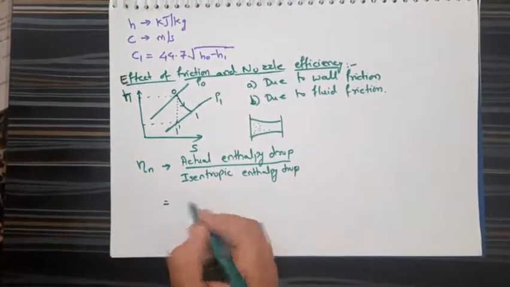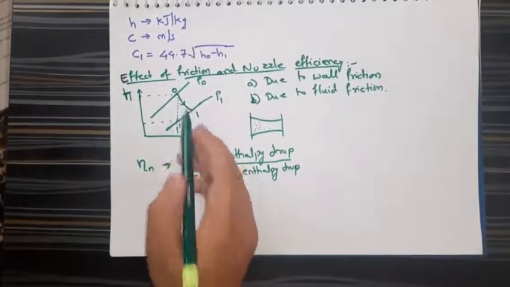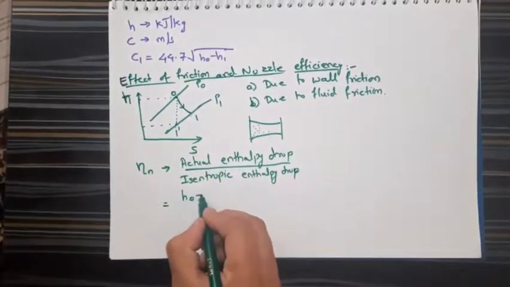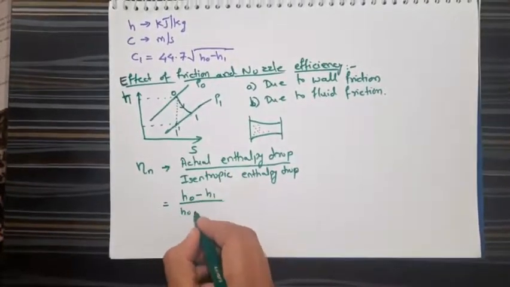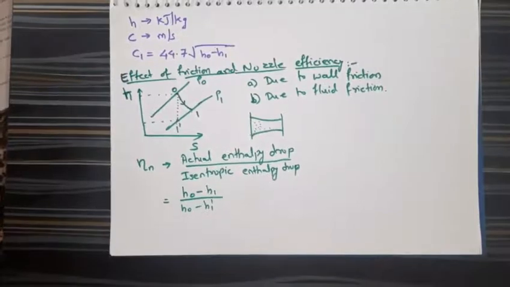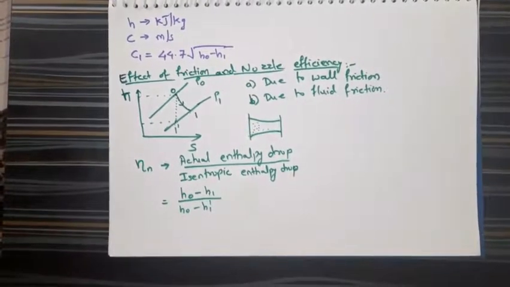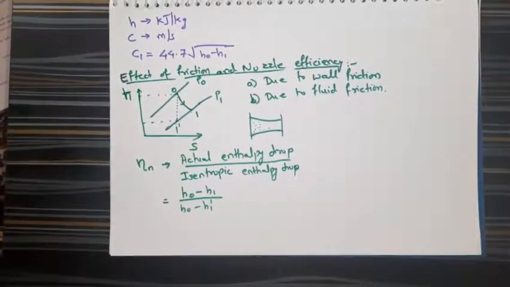So this will be equal to the actual enthalpy drop, which is from H0 to H1, and the isentropic enthalpy drop, which is from H0 to H1 dash. So this is how we can find the nozzle efficiency.